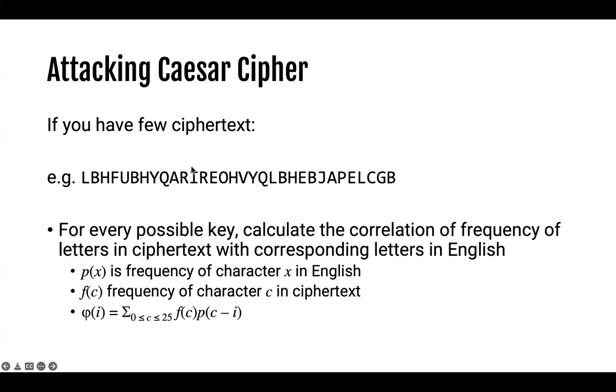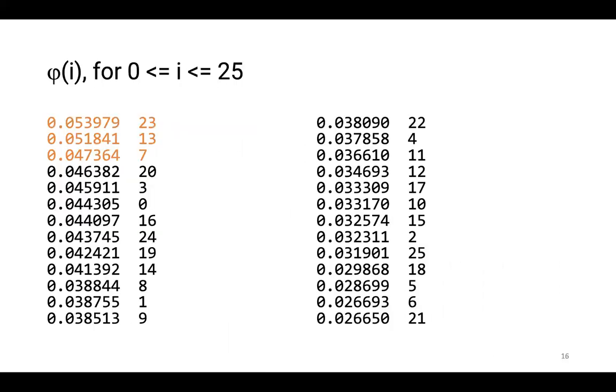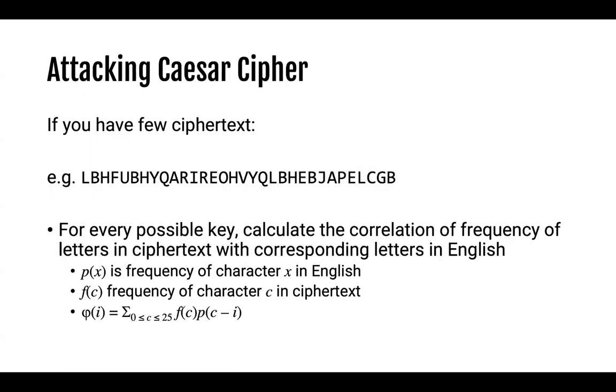Then we use FC, which we get from this ciphertext, multiply these two together, and sum over all letters from A to Z. In this way we get the phi value for each I, for different keys. Then we sort those together, get the topmost keys, and do the decryption trial.